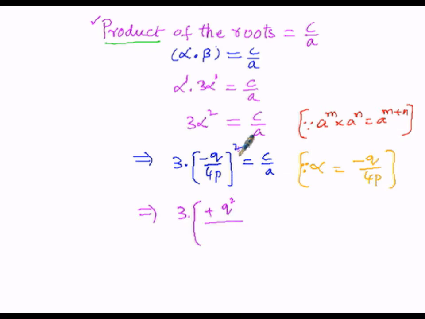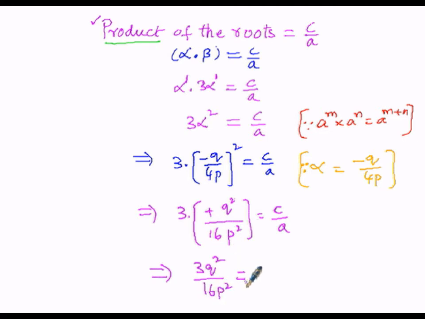Square is applicable for 4p also, so 4 square is 16. Similarly, p into p is p square. Then that is equal to c divided by a. So that implies 3 into positive q square, that is 3q square in the numerator, overall divided by 16p square.